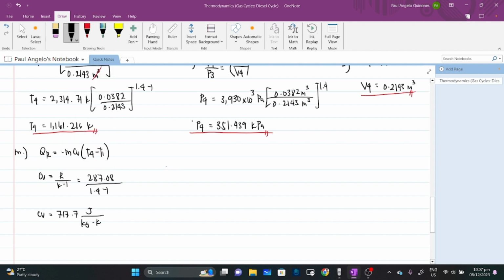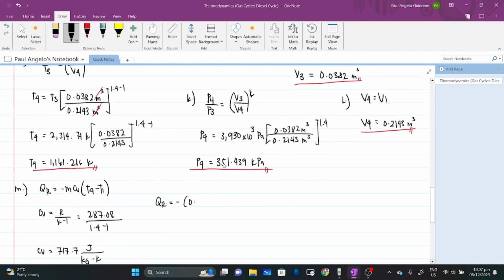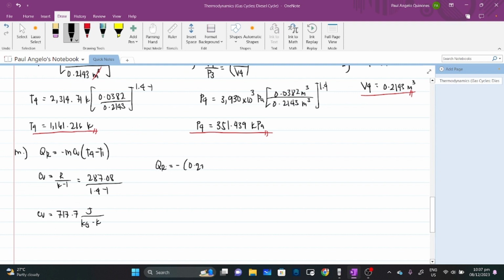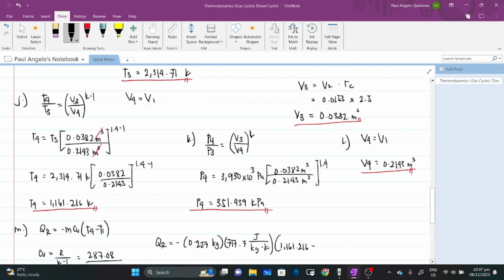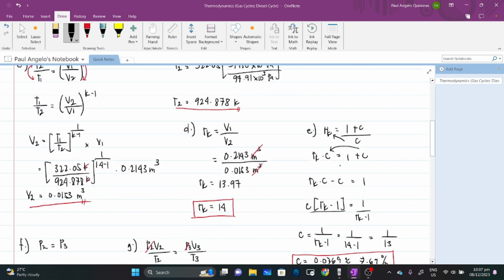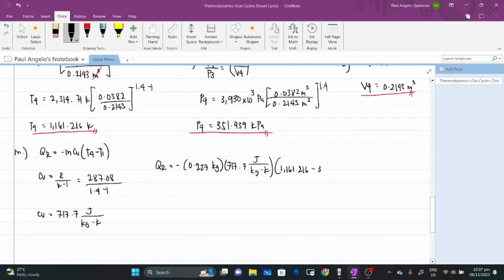Okay, if we substitute everything to the equation, we have QR that is negative, mass is 0.227 kilograms times 717.7 joules per kilogram Kelvin times T4, that is 1161.216, minus T1, that is 322.05 Kelvin.